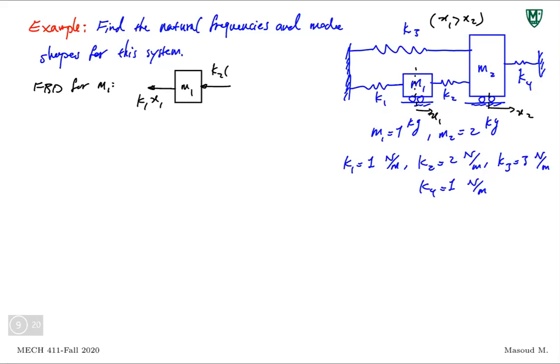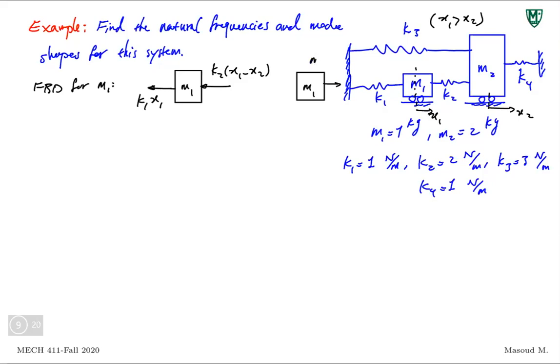So since X1 is greater than X2, X1 minus X2 would be the positive. Pay attention to this. If you make a mistake here, the rest goes wrong. The equation of motion becomes wrong, then the matrix form of the equation is wrong. The matrices are not going to be symmetric, which I told you should always be the case in this course. So be very mindful of that.